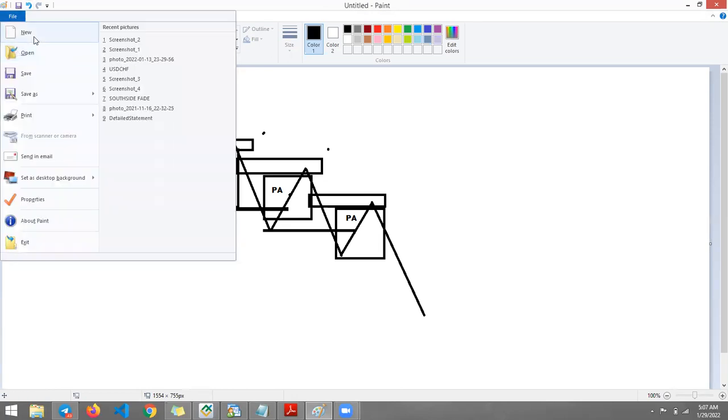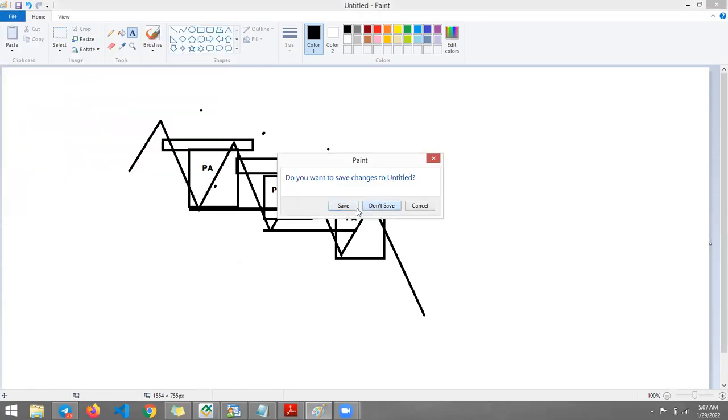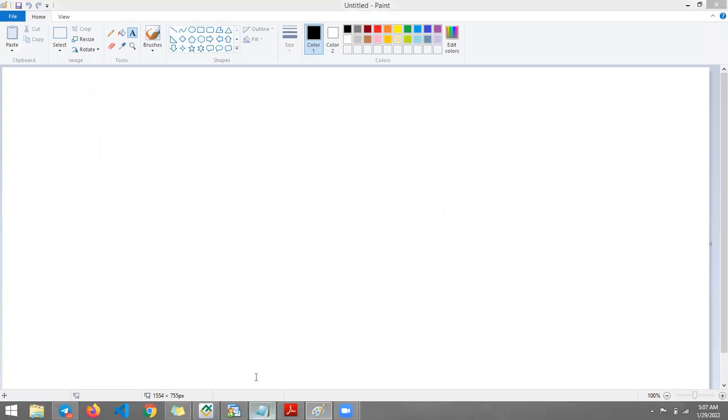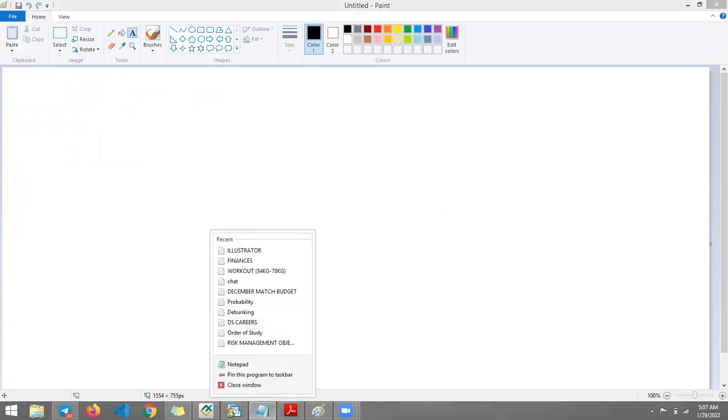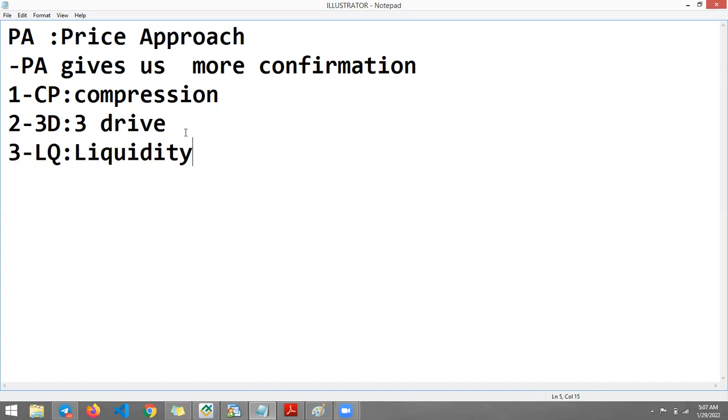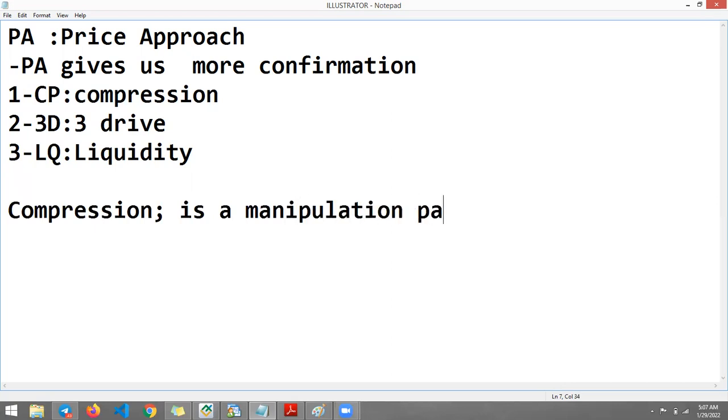Now, let me jump straight to what we call the compression, right? So now the compression is basically a manipulation pattern used by the institutional traders.